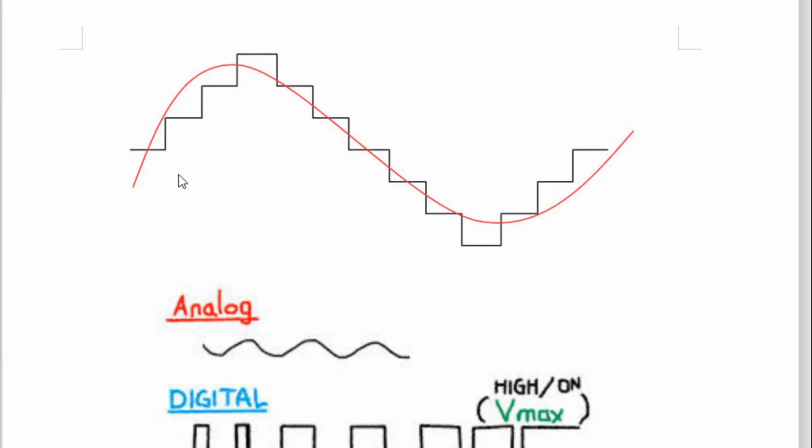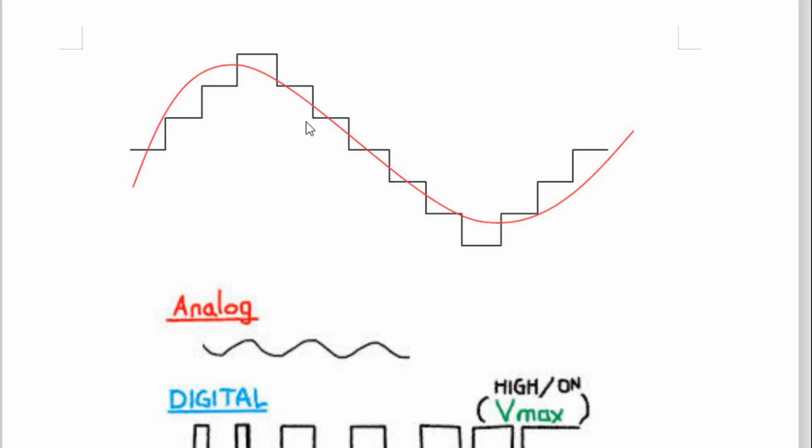In case of a digital signal, the logic is different. The value of voltage is in a steady state for a certain time, and then it changes from that steady state level to another steady state level, which may be higher or lower than the previous level.